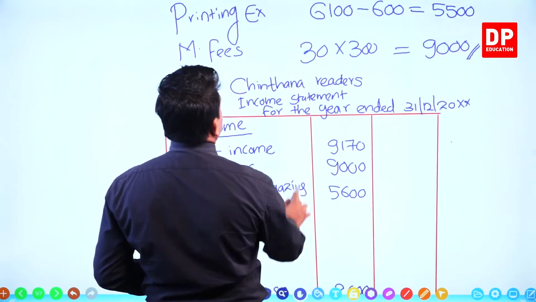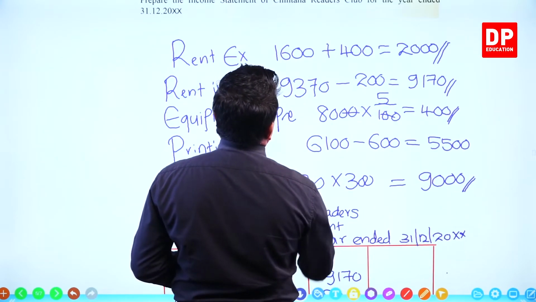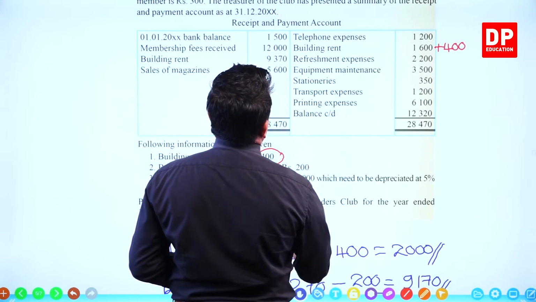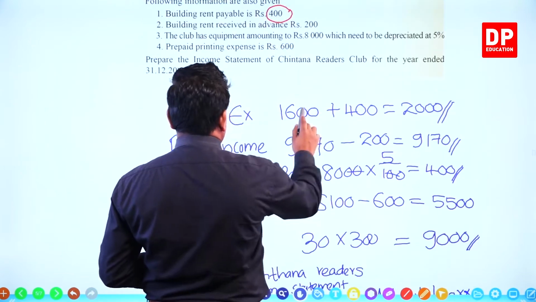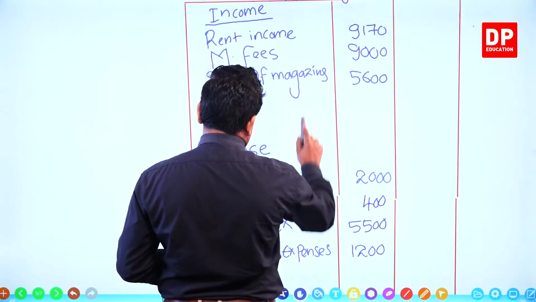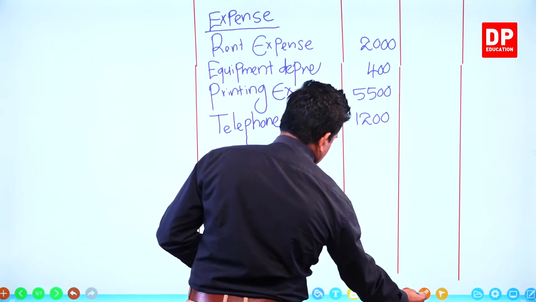Next, building rent we have done. Refreshment 2,200.